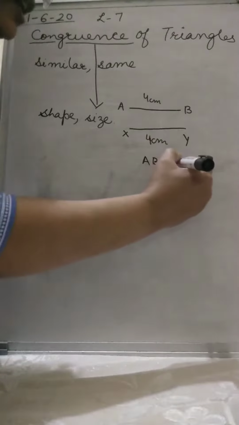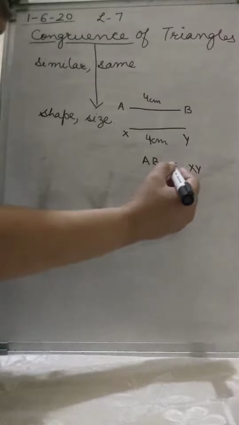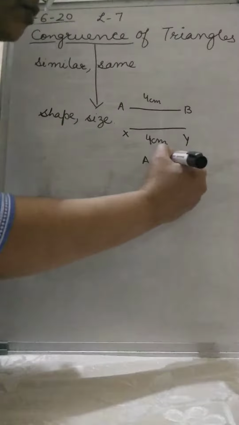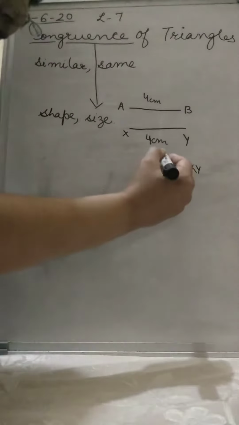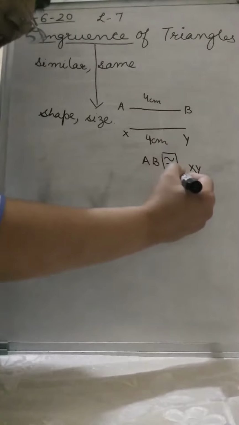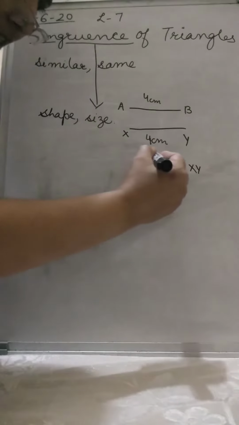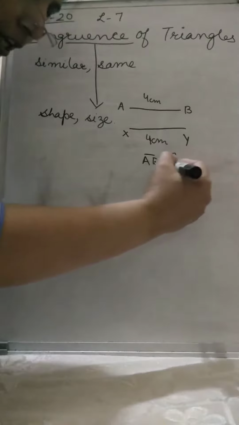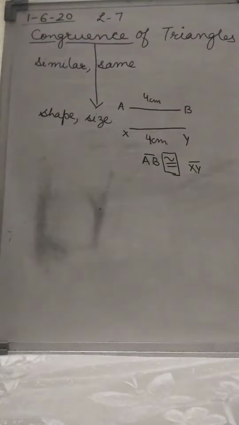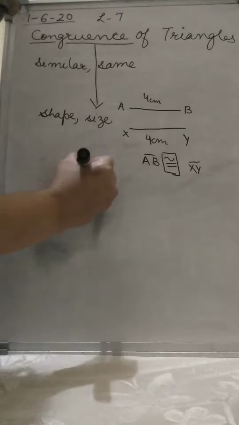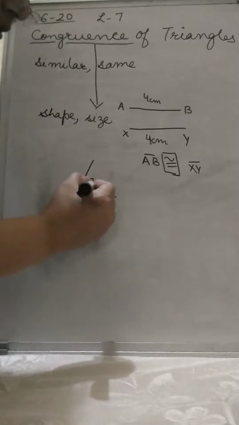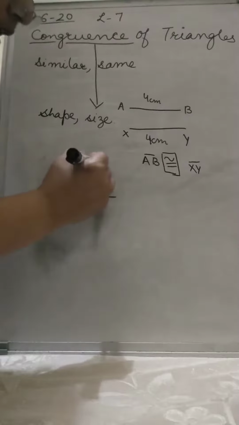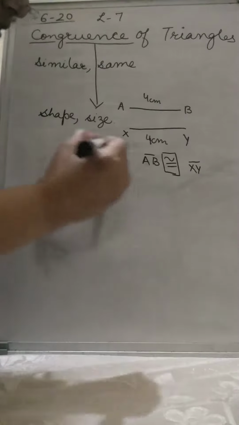And this is the sign of congruency. First write equal to and make a wave. Then you will say line segment AB is congruent to line segment XY. Similarly, suppose I make an angle of 30 degrees. I am drawing it on the board, so I cannot use the protractor.